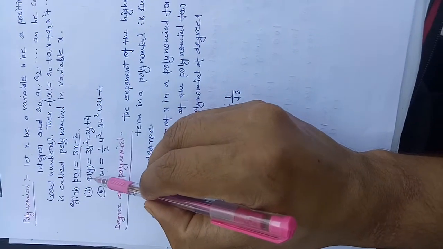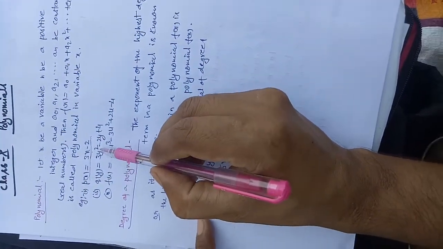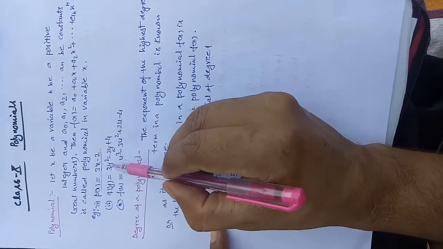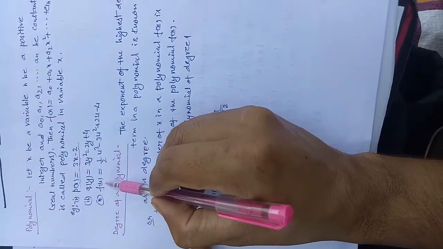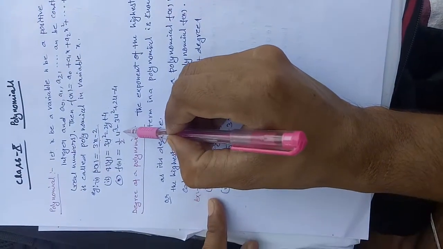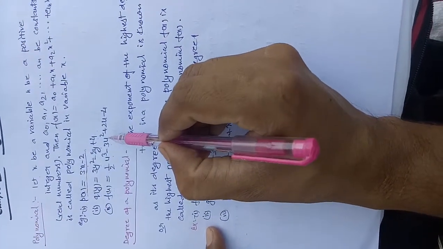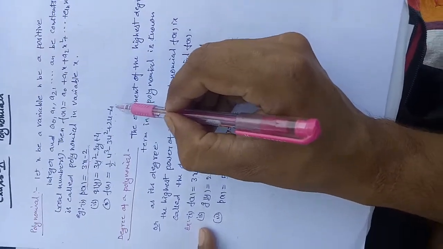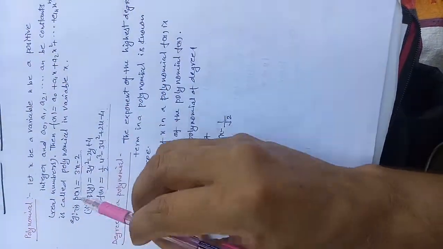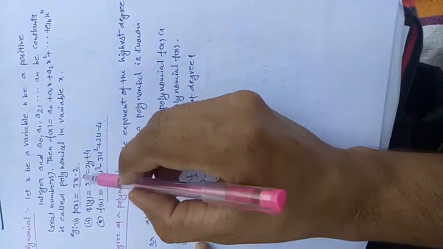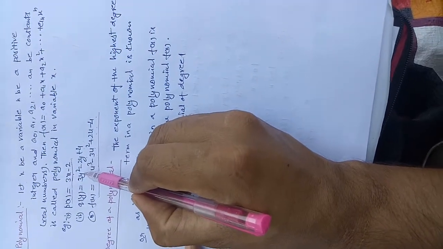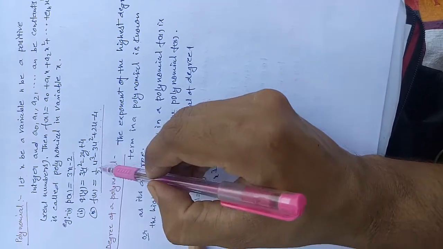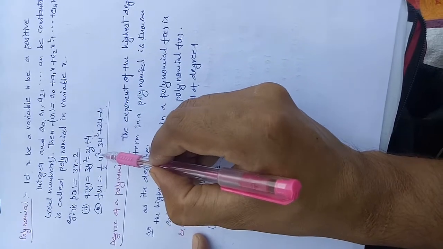Second example, we have q(y), that is 3y square minus 2y plus 4 in terms of y variable, and f(u), that is half of u cube minus 3u square plus 2u minus 4, in terms of u. So here the highest degree of the variable is 1, here the highest degree is 2, and here the highest degree is 3.